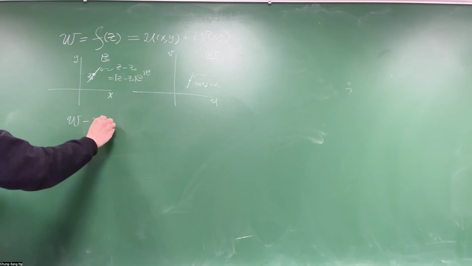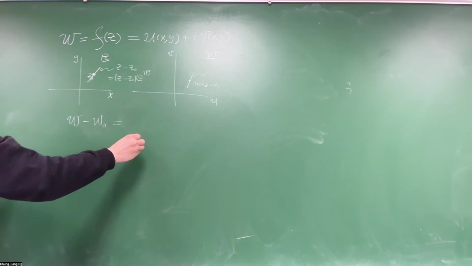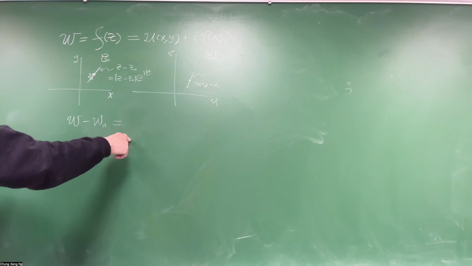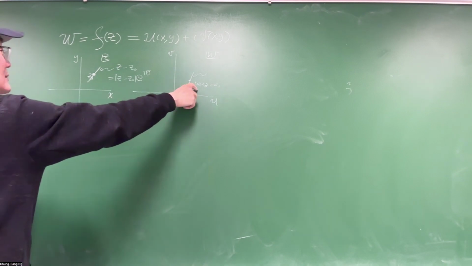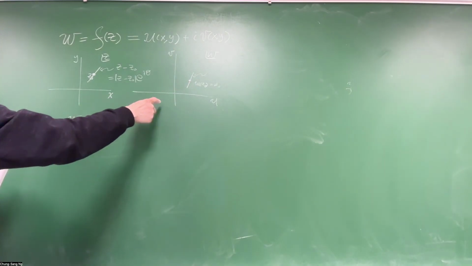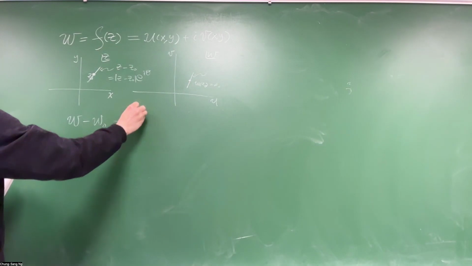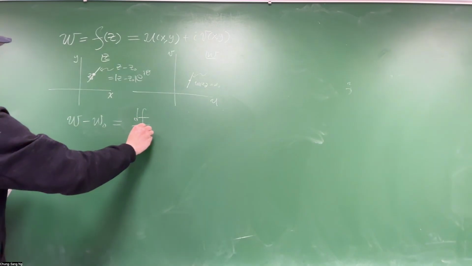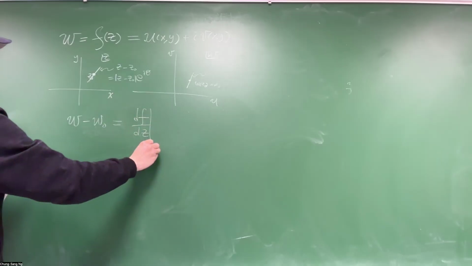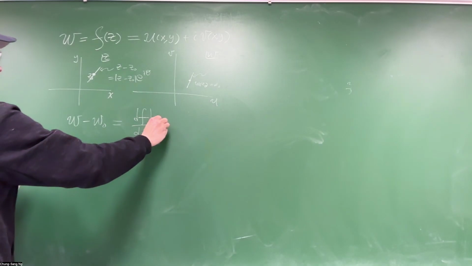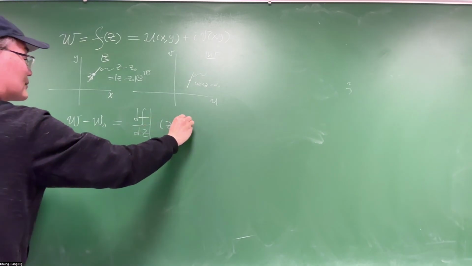W minus W sub 0 is equal to the derivative of the function, in this case df/dz, or you can say dw/dz, evaluated at W sub 0, multiplied by Z.